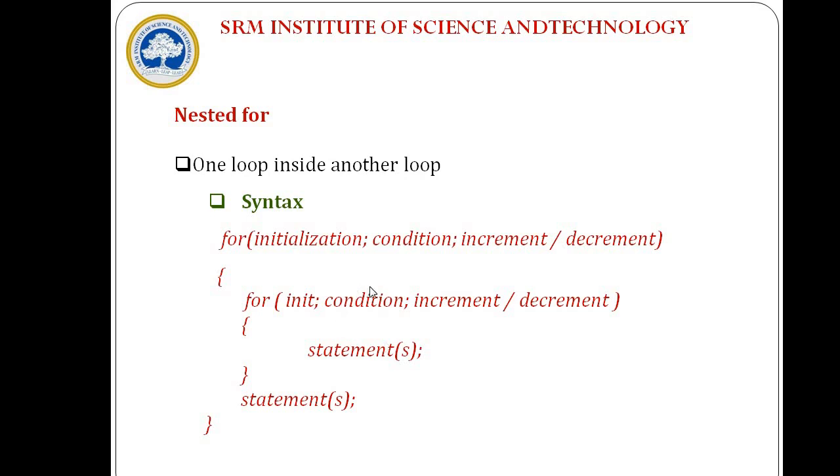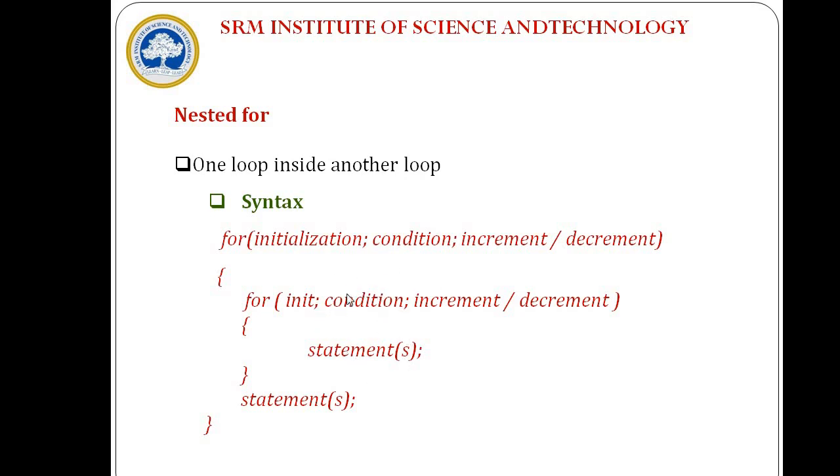If the inner for loop condition fails, it will increment the outer for loop. After updating the outer for loop control variable, it will check the condition. Again, if the condition is true, it will keep on executing the inner for loop.